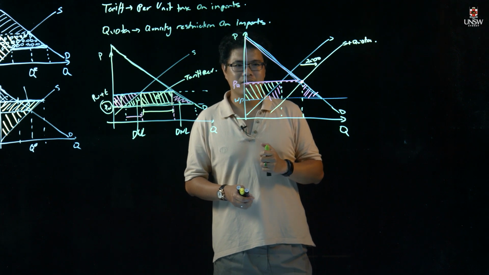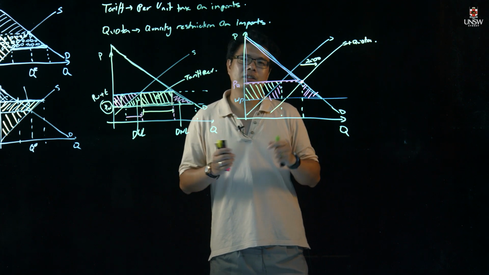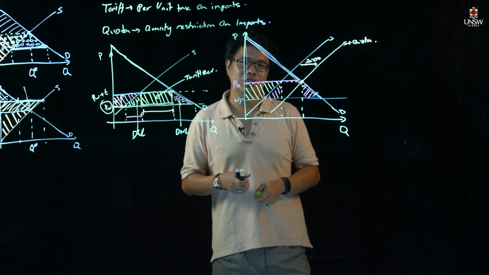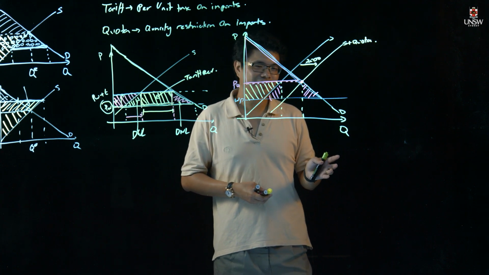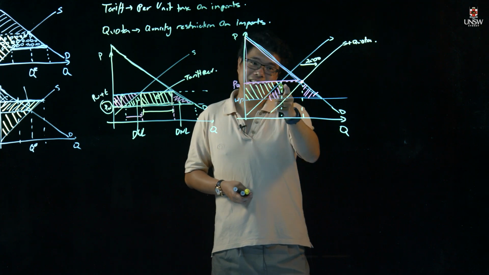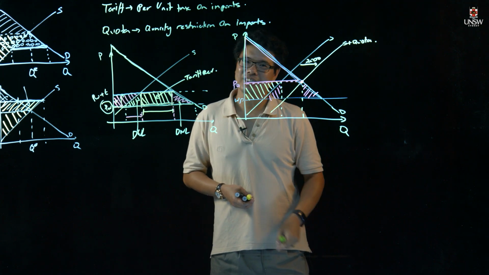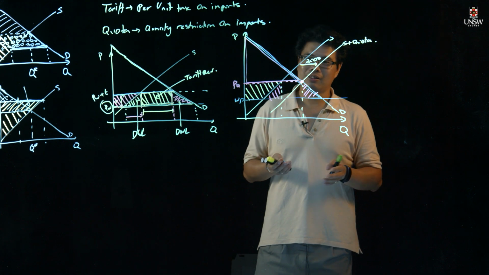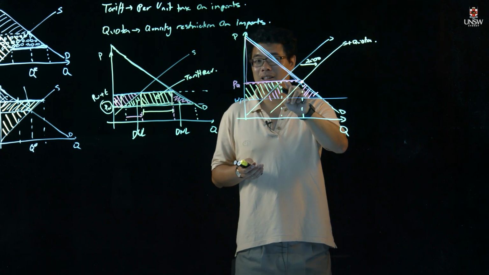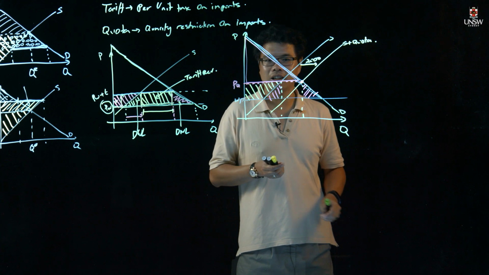Okay, so obviously you would have seen that in one of the questions when I was dealing with quotas, I asked what is the gain to the government. Obviously, this is not necessarily the gain to the government. There are a number of arguments that you can make to say that it is, but directly speaking, this is not the gain to the government.